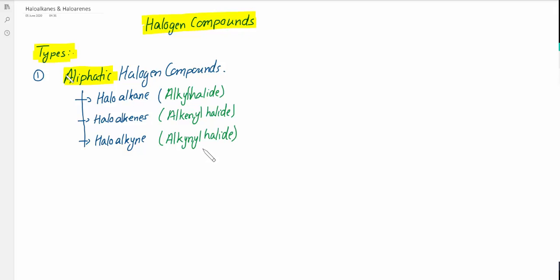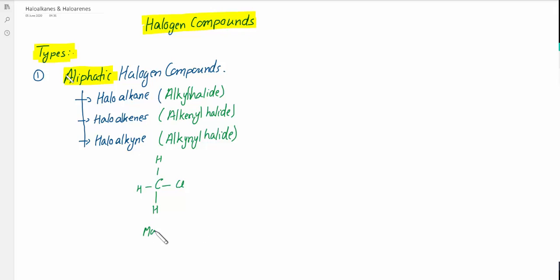Say for example, if it is C and it is having 4 bonds but 3 are hydrogen and 1 is chlorine, so this is a monohalogen derivative.